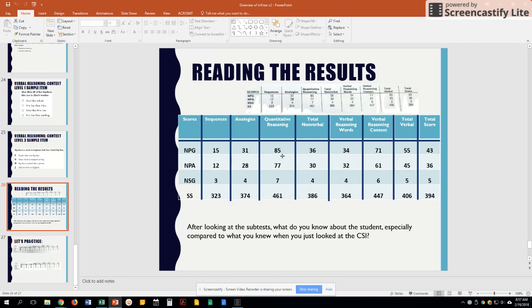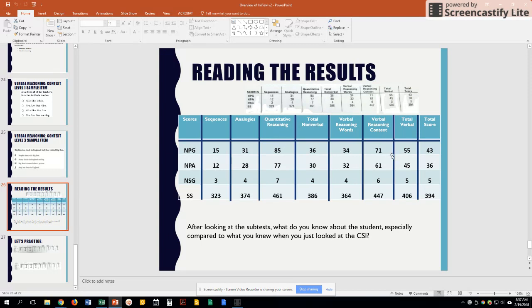Well, if you didn't look at the subtest, you'd be looking at that going, oh, well, good average kid, which there's nothing wrong with, but we would like to be able to take this information and make sure that we're meeting the needs of the student. So we want to take into account the fact that that child has thinking skills that lend themselves to this kind of reasoning.